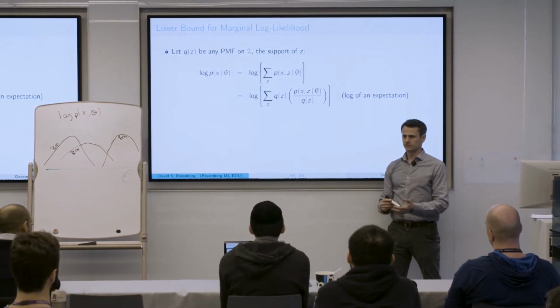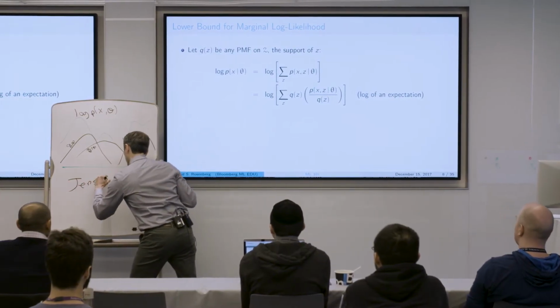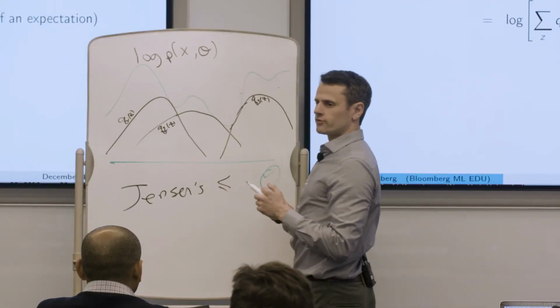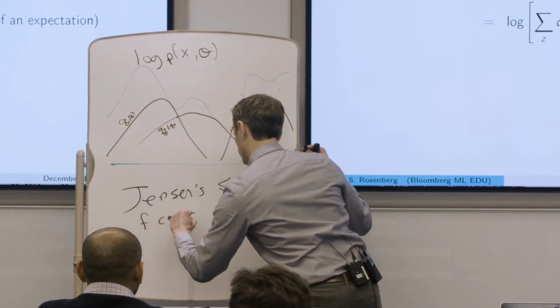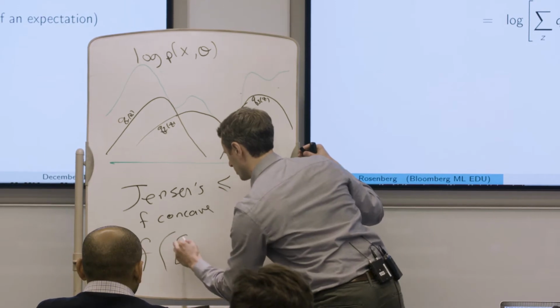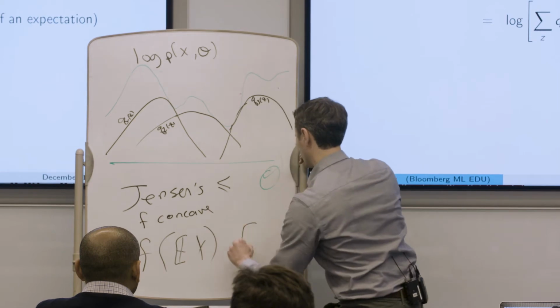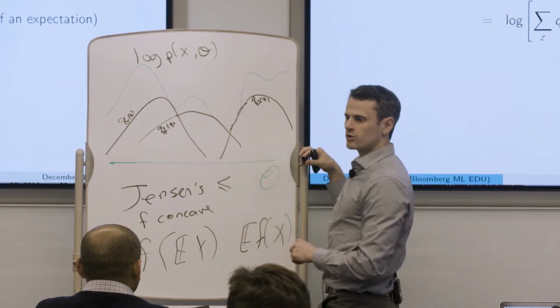What do we know? We have Jensen's inequality. Remember, let's say f is concave. So we have f of the expectation of x, and then the expectation of f of x, and there's an inequality here.